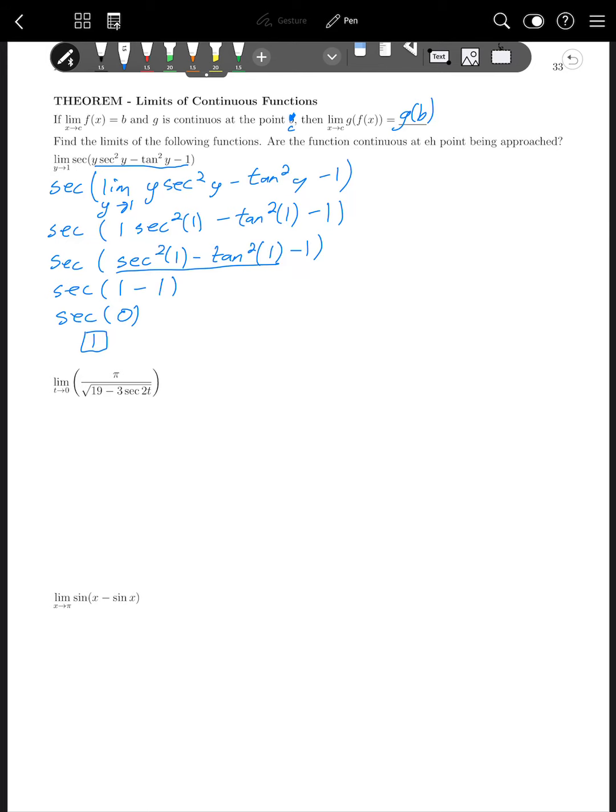So similar idea with this one, right? I can use my limit rules to break this apart into two limits, right? One of the limit rules says that for quotients, you can simply plug in. Okay, and now we can really just use our limit rules, right?